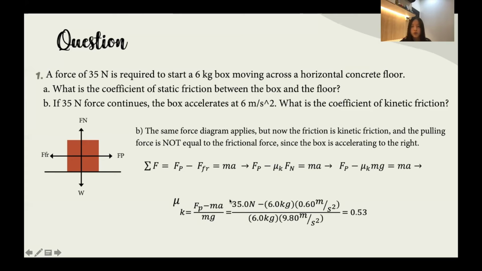After that, we input the values of the applied force, mass of the box, acceleration, and gravity, which are 35 Newton minus 6 kg times 0.6 meters per second squared, divided by 6 kg times 9.8 meters per second squared. We get that the coefficient of kinetic friction is 0.53.